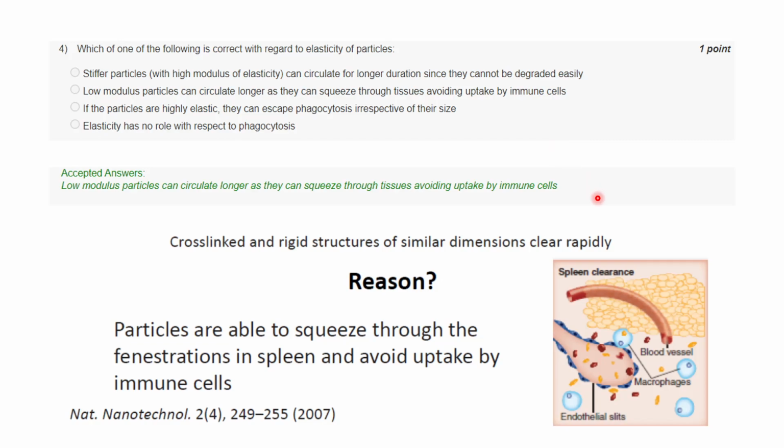Is this making sense? So if you have highly cross-linked structures or rigid structures, even if they are of the same dimension, they will be cleared rapidly compared to your elastic particles. So whenever you're manufacturing particles, it's better to have some amount of elasticity to avoid rapid clearance.